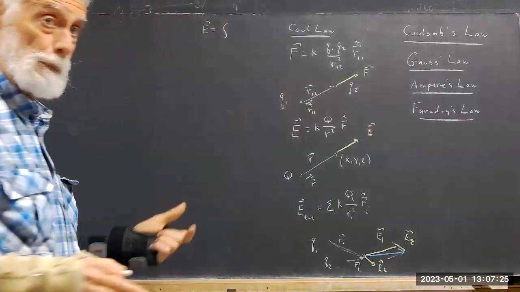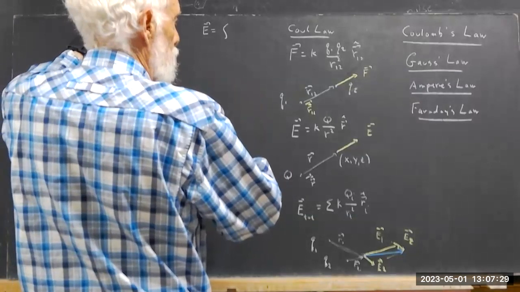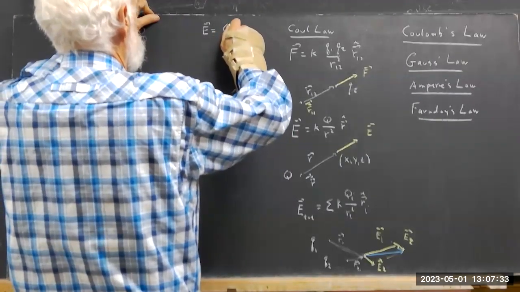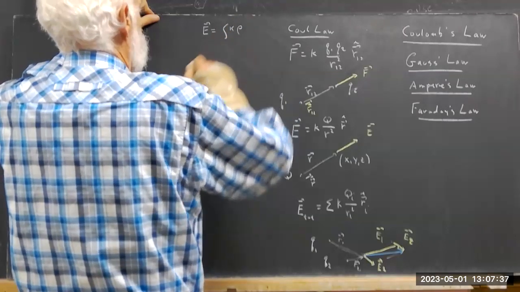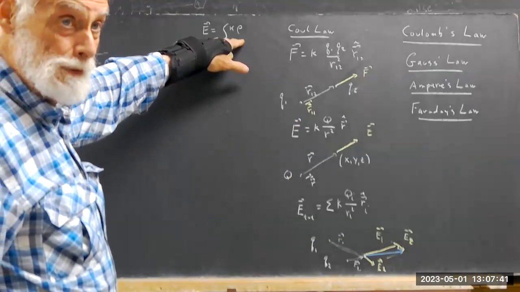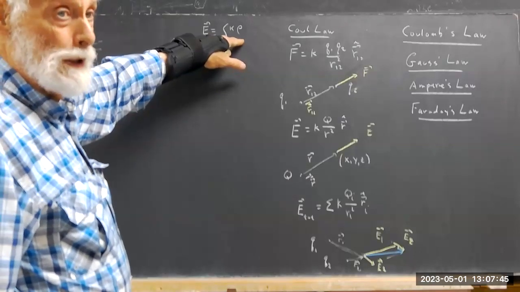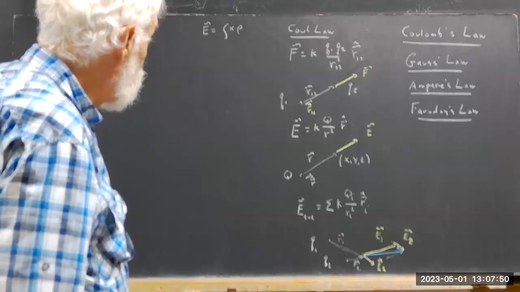Sometimes it's over a surface, sometimes it's over a line, and you just integrate, times the density. It might be a rho or sigma or lambda, depending on whether it's a line charge, a plane charge, or a charge distributed over a volume.